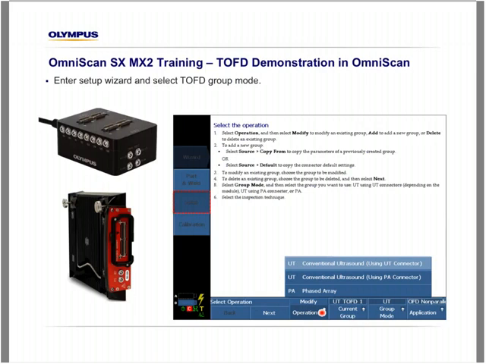You have the ability to modify, add, or delete a group here. In this example, we're using the first group as our TOFD group in a single group inspection, so we're going to modify group 1 that's already assigned as the UT TOFD.